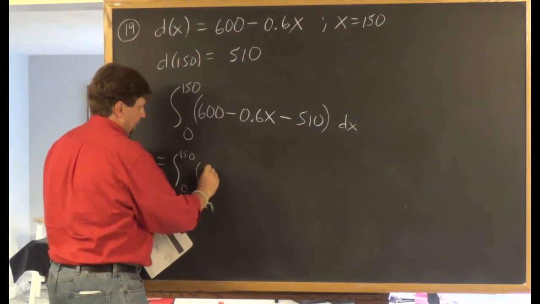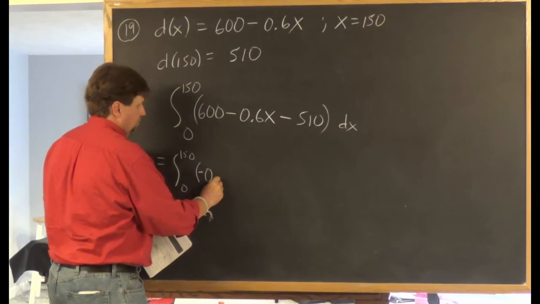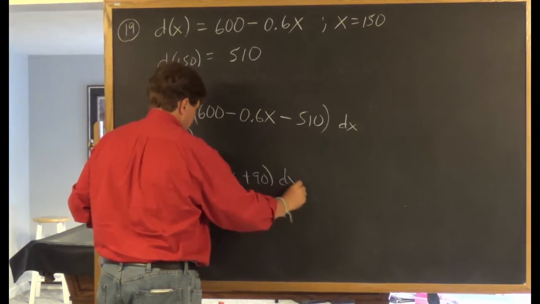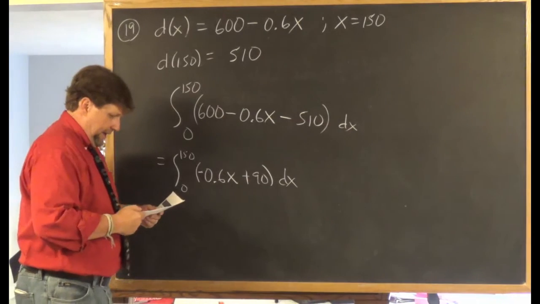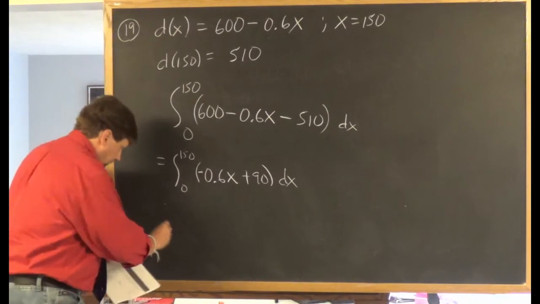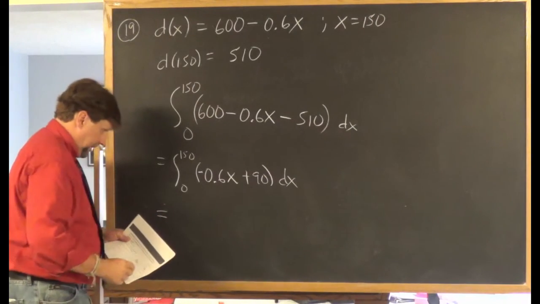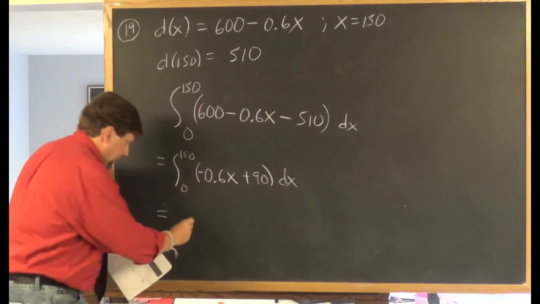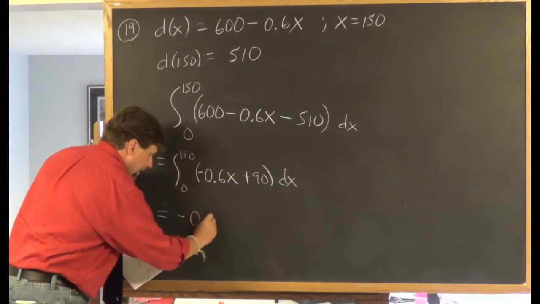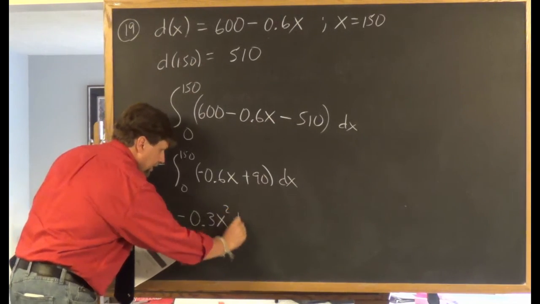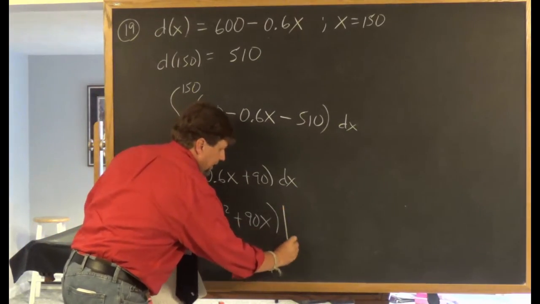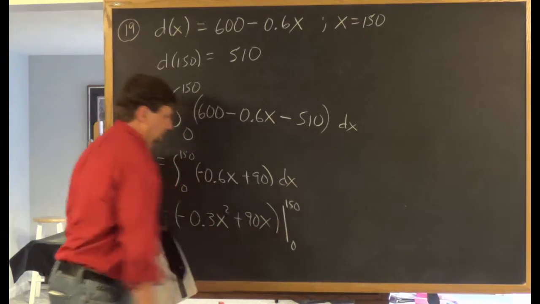So I'm integrating negative 0.6x plus 90 dx. And I get an antiderivative: negative 0.3x squared plus 90x. I evaluate that from 0 to 150.